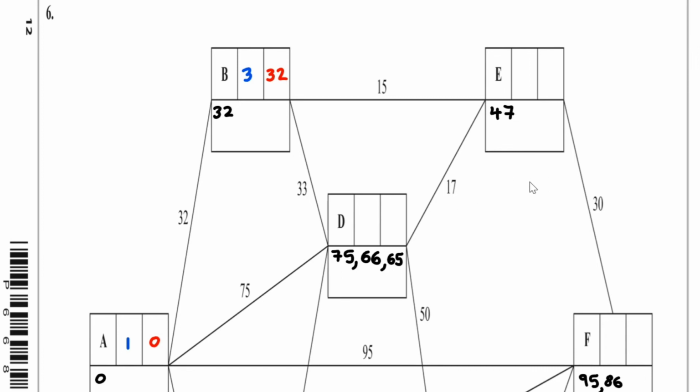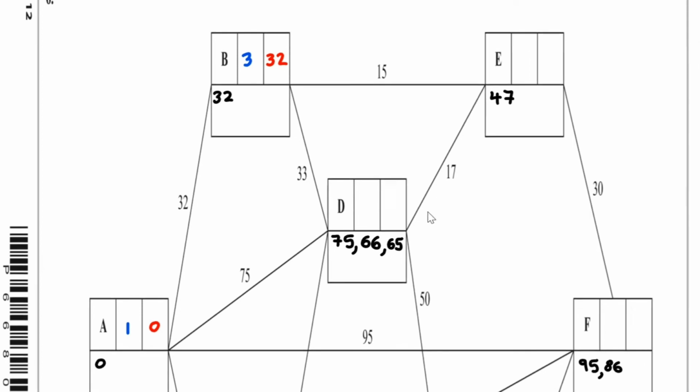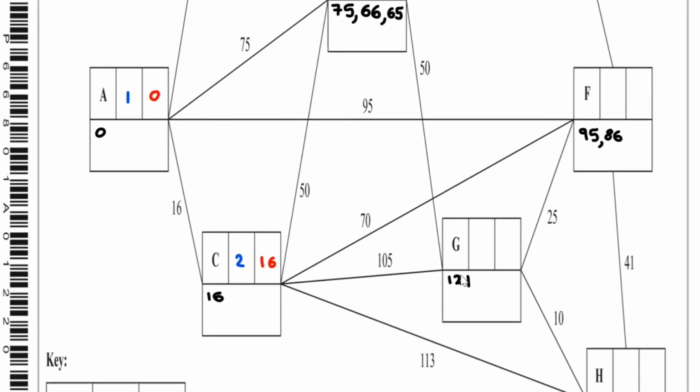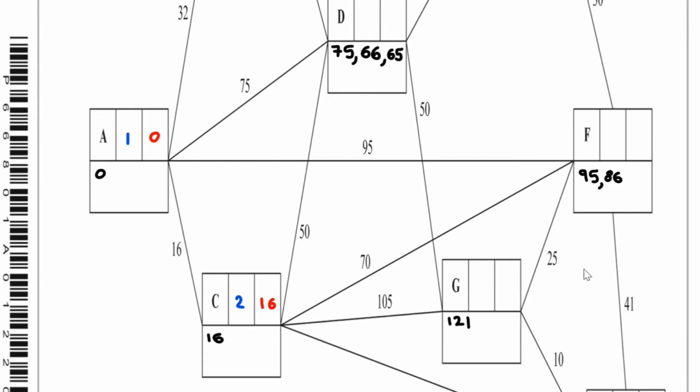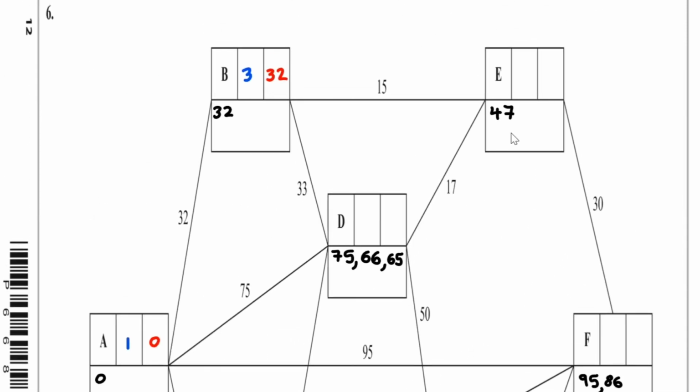And there's nothing else coming off now. What we need to do is compare the 47, the 65, the 86, the 121 and the 129. The smallest one is the 47, so E will have a final value of 47 and an order of labelling 4.